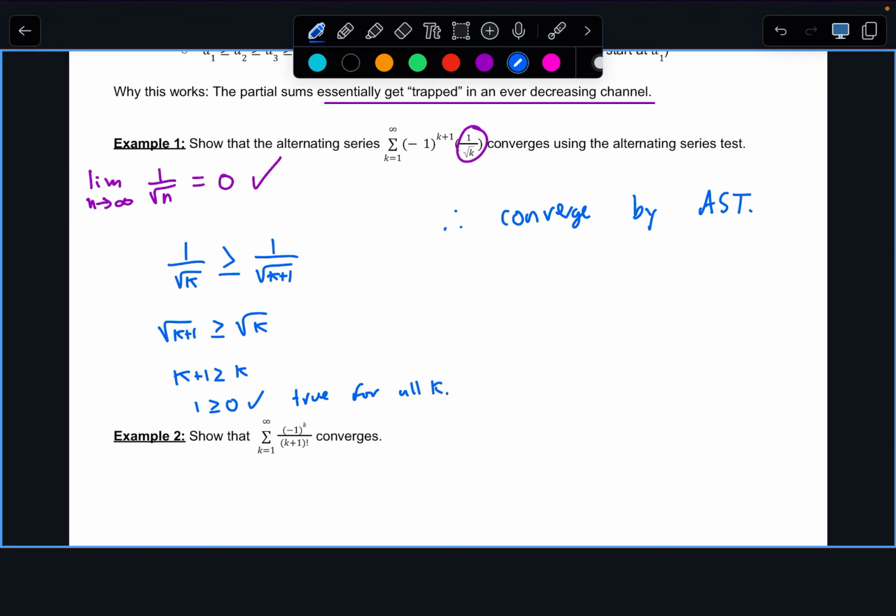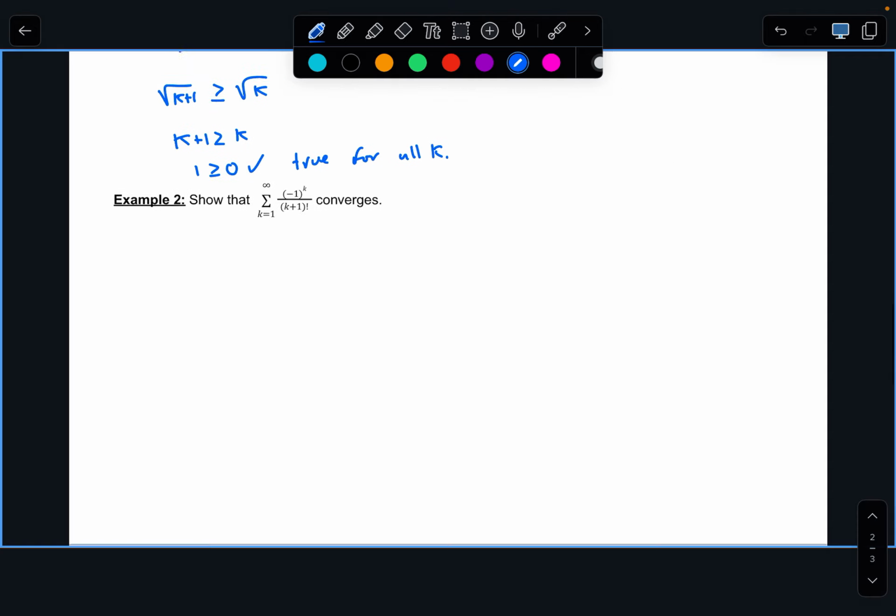So you just have to show these two criteria. We show that it is strictly non-increasing at some point, and we show that the nth term goes to 0. Relatively easy. Questions? So carrying out the test is great. The thing I really want you to understand is the reason is because we get trapped in a channel and we just can't get out of that channel.